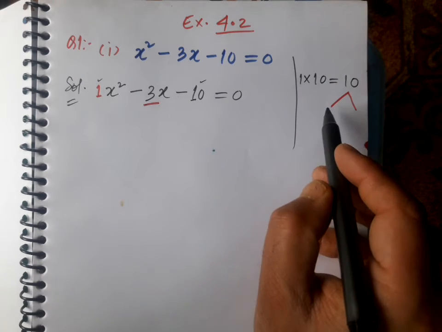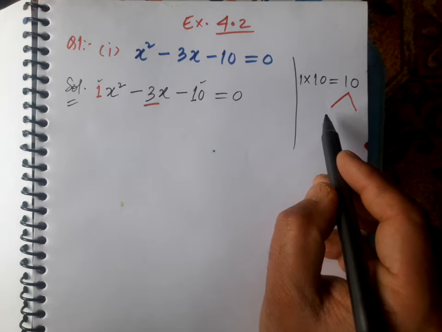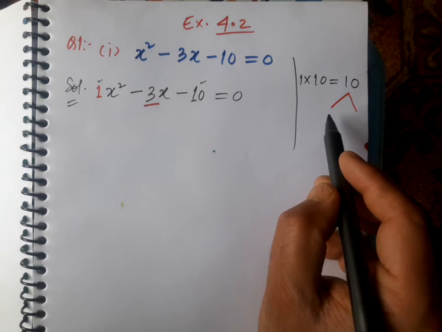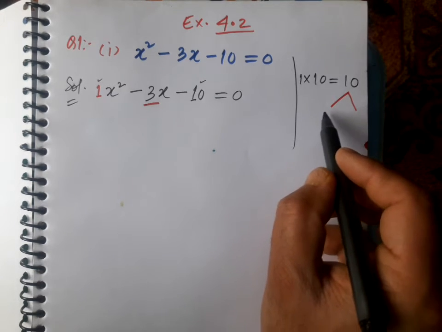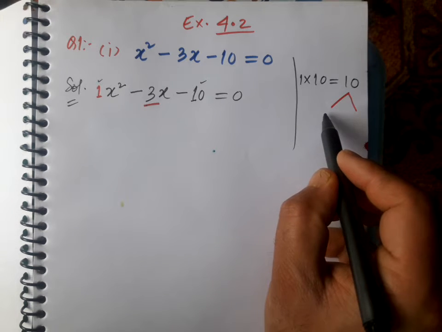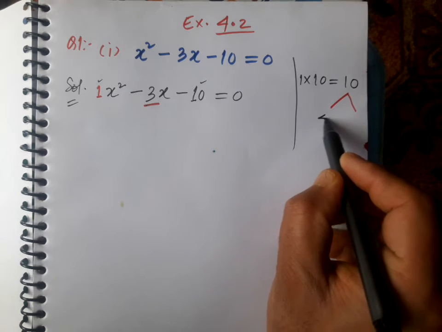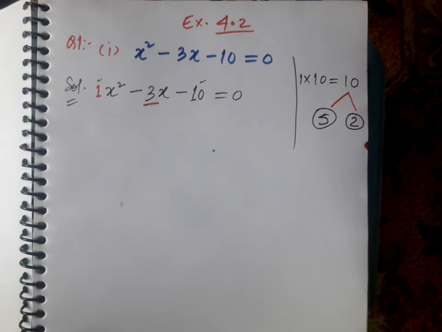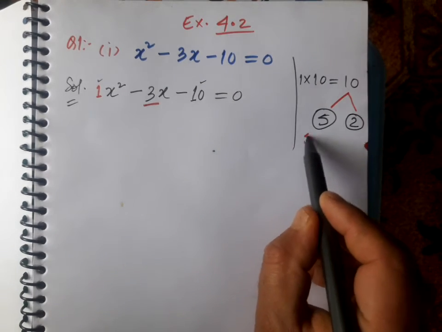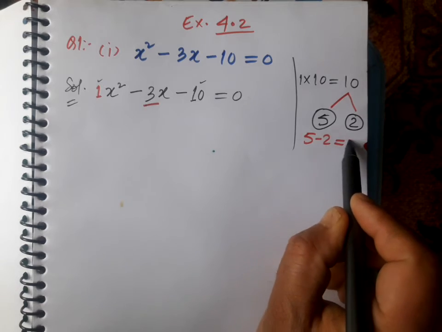Now 5 twos are 10, so 5 and 2 are the factors of 10, and the difference of 5 and 2 is equal to 3.